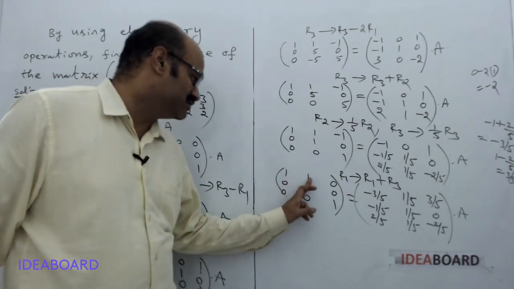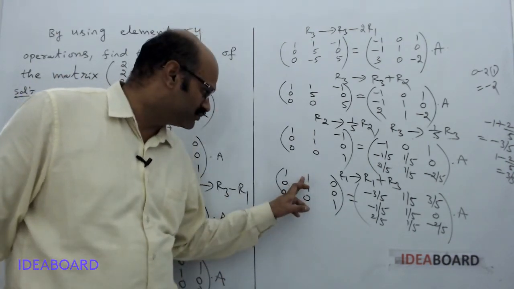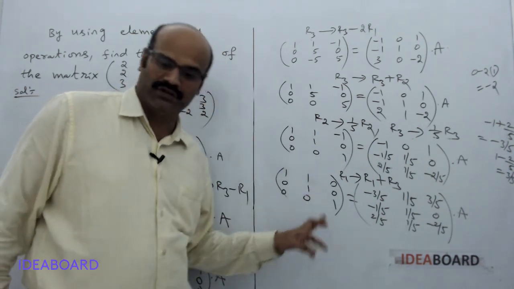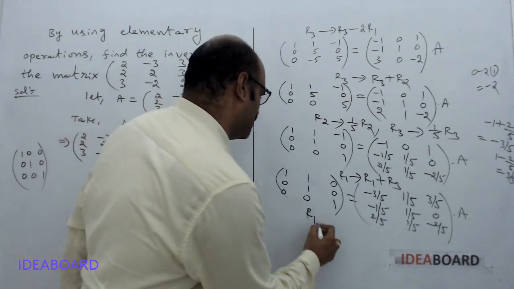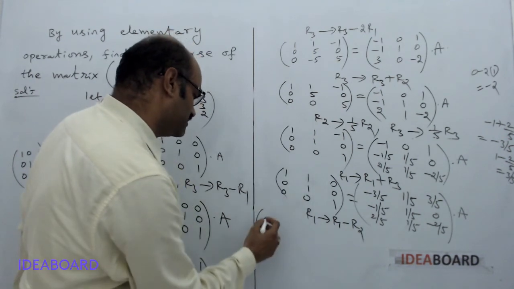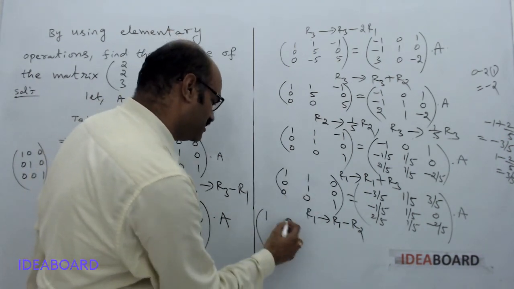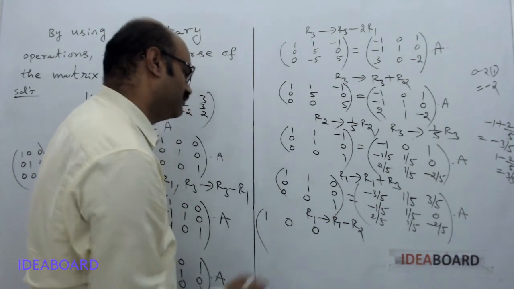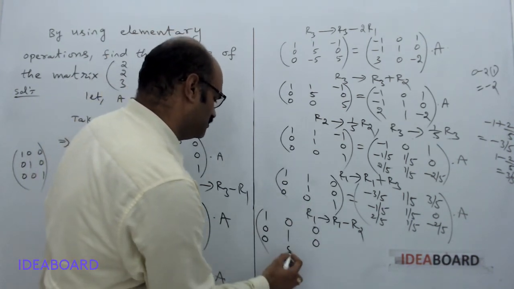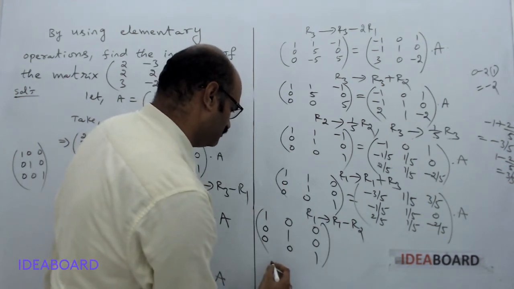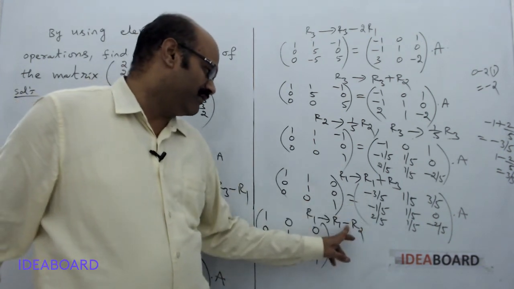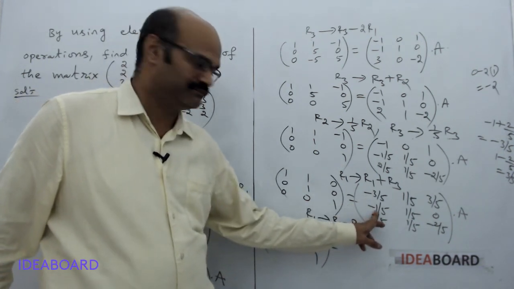Now 1, 0, 0 we should get. So we should take it as R1 implies R1 minus R2, because 1 minus 1 equal to 0 here. Then it becomes 1 minus 0, 1, 1 minus 1, 0, 0 minus 0, 0, 0, 1, 0, 0, 0, 1 equal to R1 minus R2, minus 3 by 5 minus into minus 1 by 5.